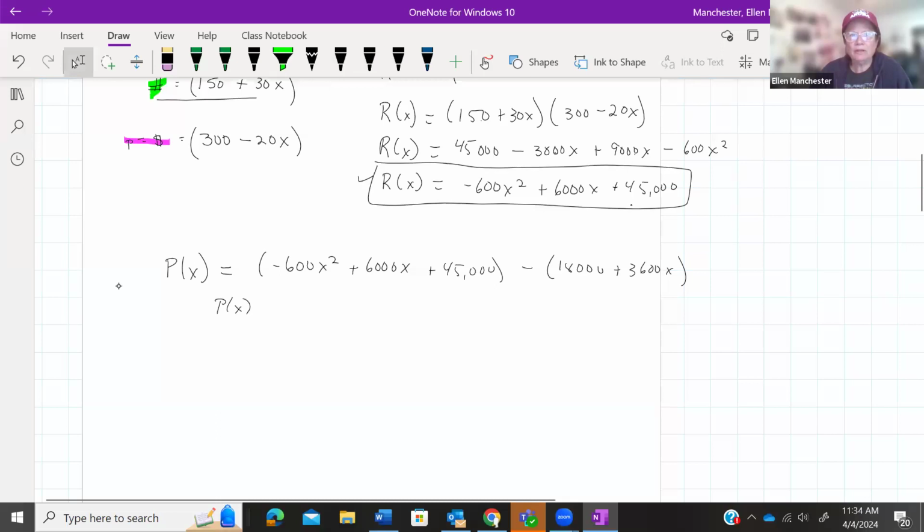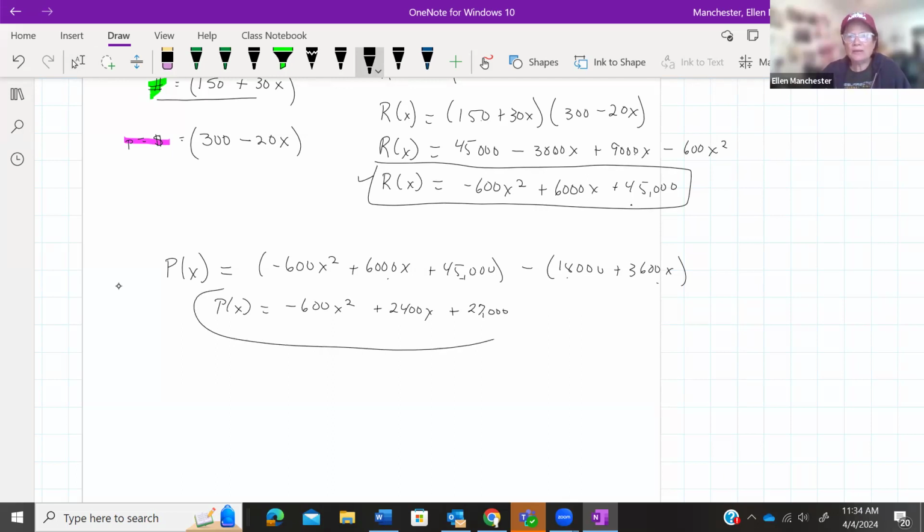My profit is negative 600x squared, 6,000x minus 3,600x is 2,400x, and 45,000 minus 18,000 is 27,000. Okay, so here is the objective function. All constraints are plugged in.